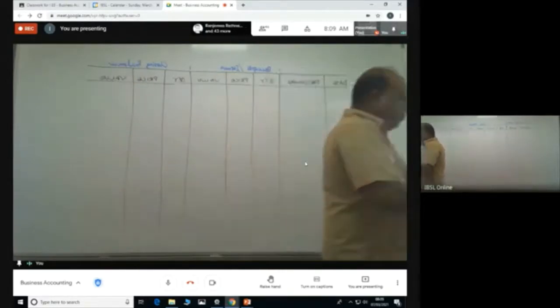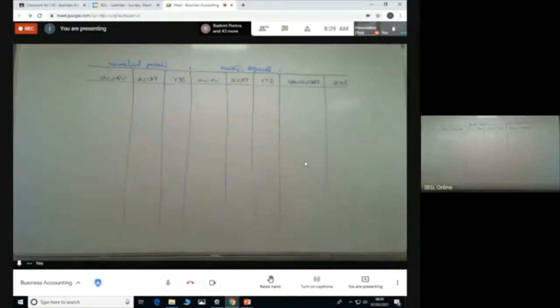So you have to be mindful about that. Okay. So the first 3 columns will be used to record any receipts of stock or any issues of stock. And the last 3 columns are used for the purpose of maintaining the closing stock. The closing stock here has to be maintained in terms of units as well as in terms of value.